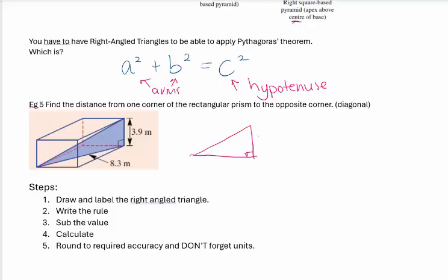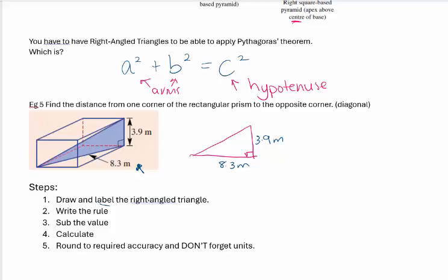I'm going to label the sides. So this is 3.9 meters and this is 8.3. By just drawing a new one, I don't get mixed up with what else is in this diagram. So this might be too complicated for me. This one here is a nice, sweet and easy one for us to understand. The next step, label.